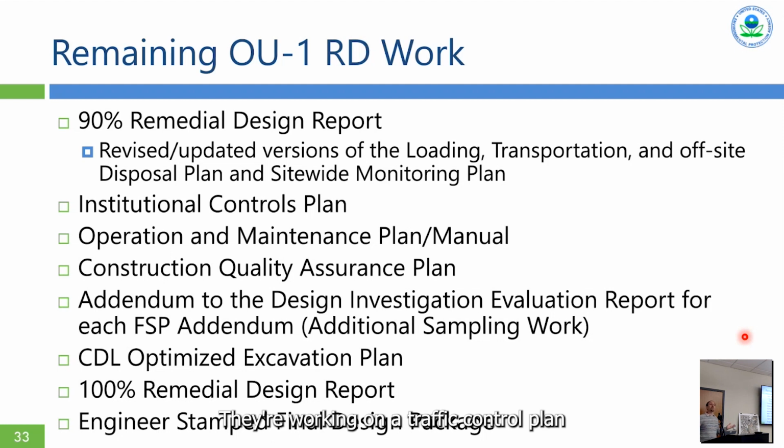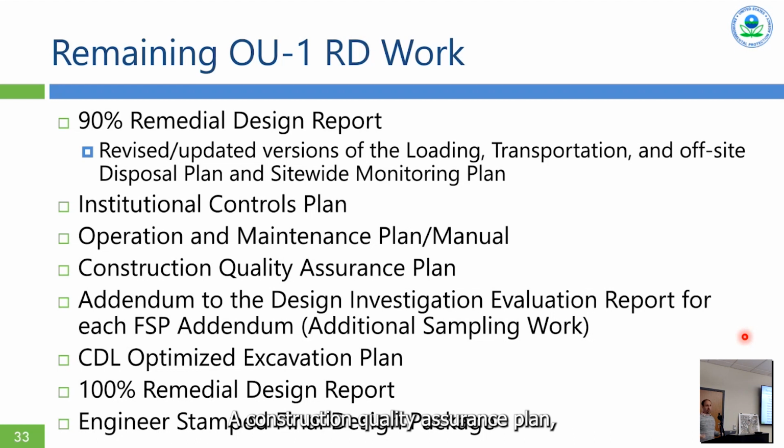They're working on a traffic control plan that will also be coming with the 90% design that will assess how all this work might impact day-to-day driving through this area, and what they need to do to try to mitigate that. We'll also get an institutional controls plan, which will talk about what can happen on the site after the remedy is complete and what cannot happen on the site and exactly where.